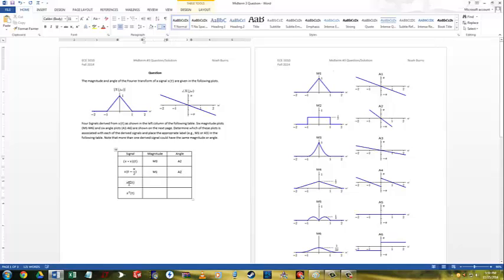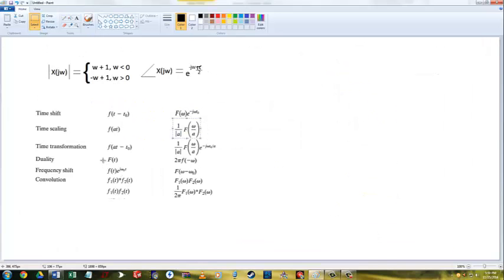For x of 2t, we go look at our table of properties again. We're looking at time scaling this time, f of at. And notice that we're going to get 1 over the magnitude of a times f of omega over a. So essentially, everywhere there's an omega in our current signal, we just need to divide by our a, which is 2.